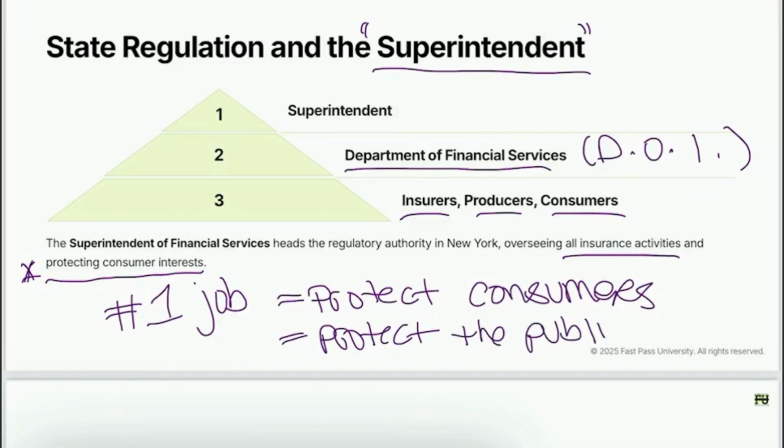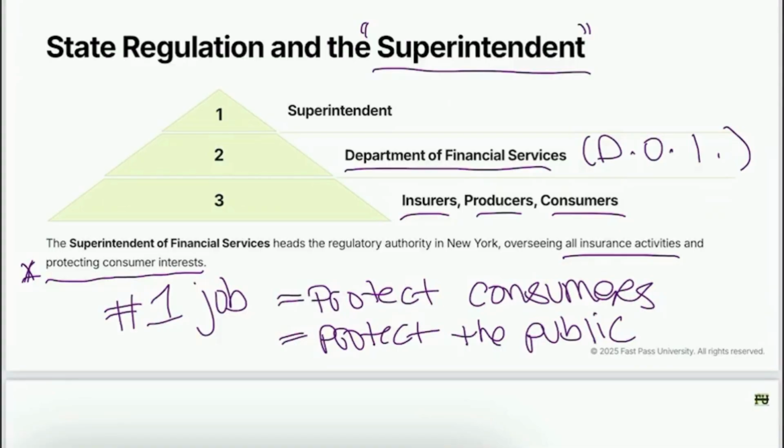So there needs to be somebody, and a whole team of somebodies actually, overseeing the insurance industry, regulating it, making sure that agents and insurance companies are doing what's right and protecting the public. And that is what the Department of Financial Services, the Department of Insurance does, and the head of that department is called the superintendent.